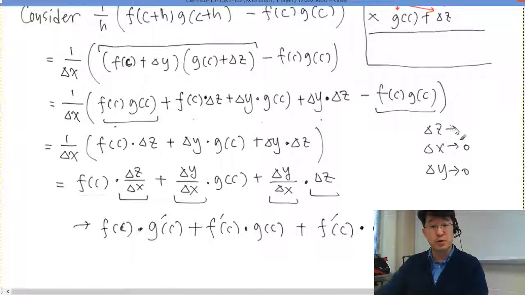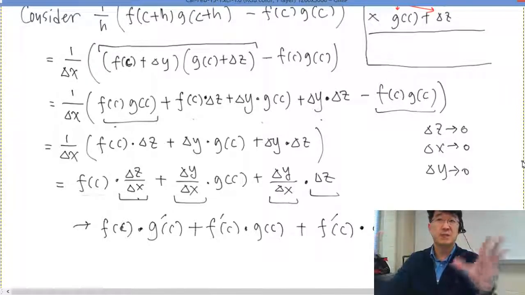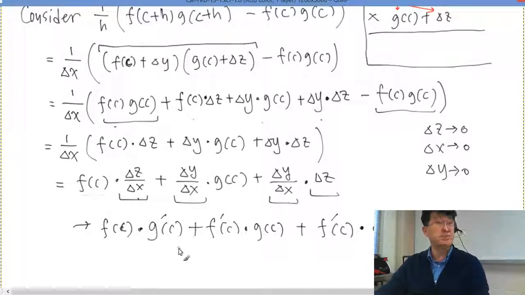Delta z approaches, all of them approach 0. And that's why this is interesting. Approaching 0 divided by approaching 0. Isn't that undefined? No. It's indeterminate form. That information alone is not enough. But we have more information that was sketched in the picture that actually approached this number. So it's no longer indeterminate form to us.